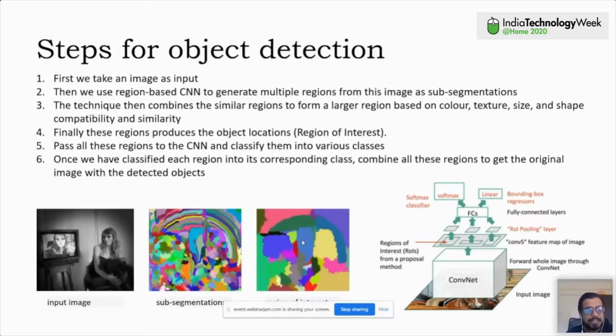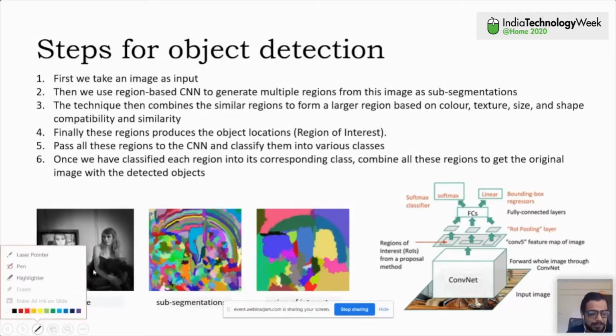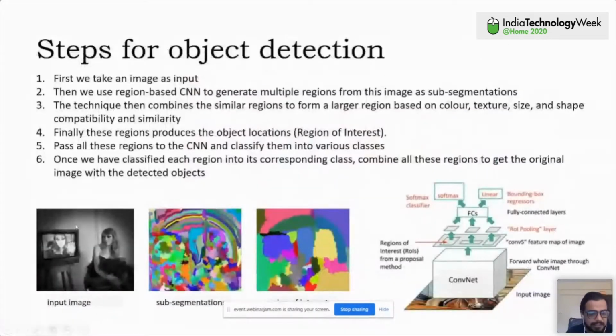Then we use a technique by which we combine all these similar regions based on their color, texture, shape, size, compatibility, and similarity. You can see on the left-hand side, this black and white input image. We take it as an input image and feed it to a region-based CNN network.